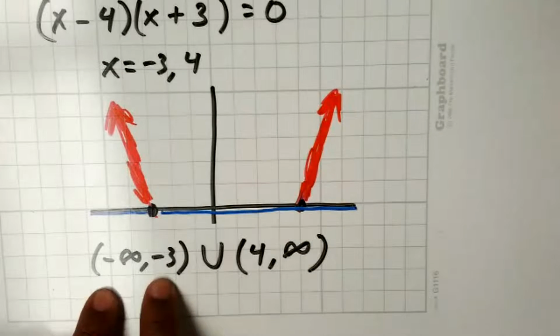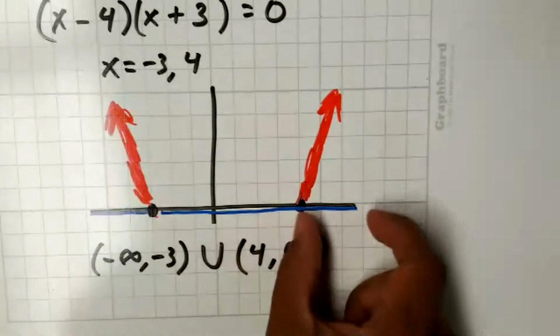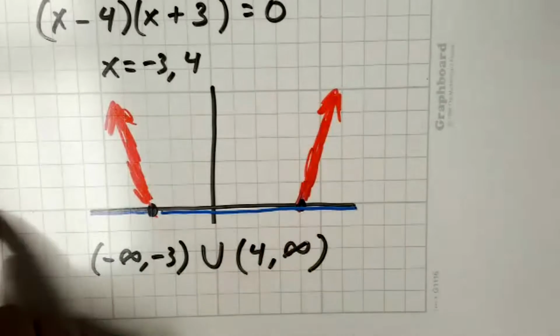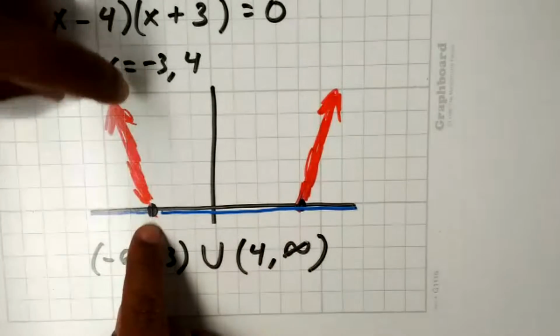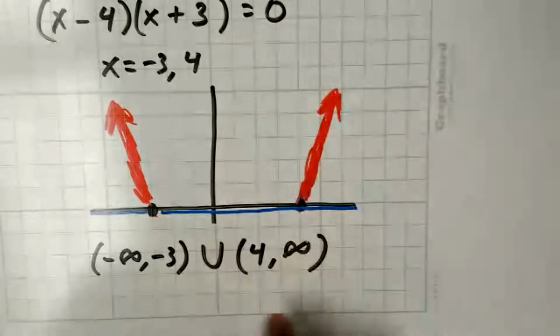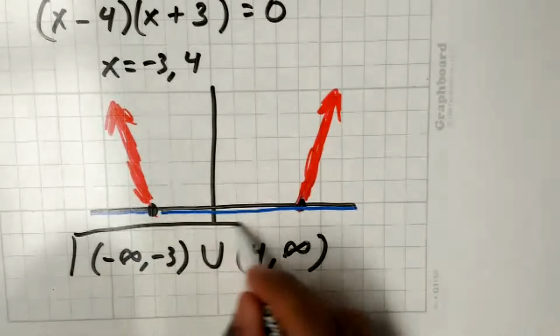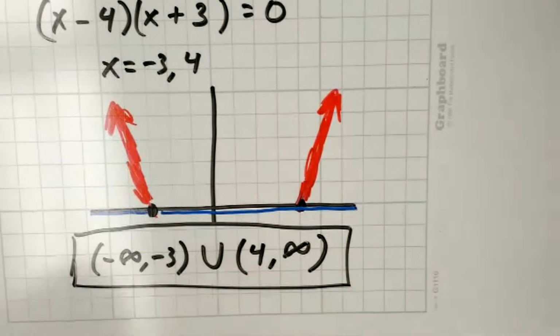And these are the x values that give us that piece of the graph. So from -infinity to -3, the function's above the x-axis. From 4 to infinity, the function's above the axis. So that would be your solution. That makes sense? Hopefully.